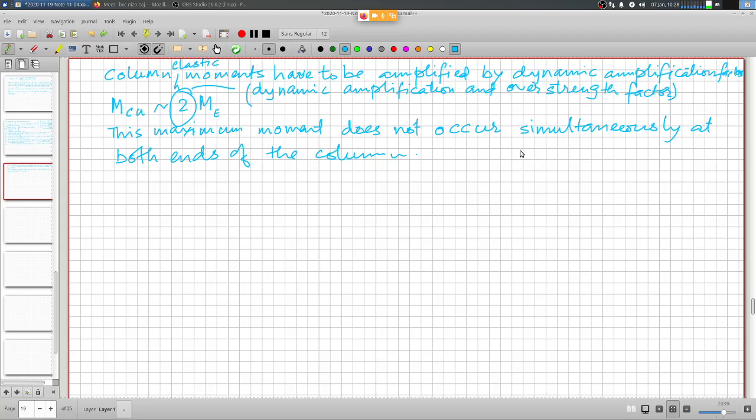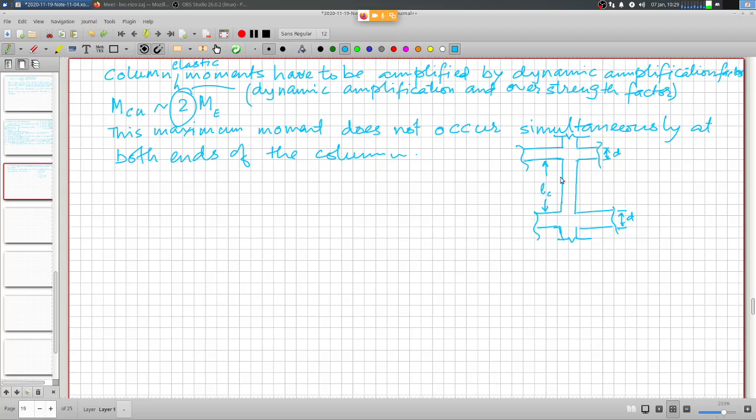So let's say this is the clear span, this is the depth of the beam, this is also the depth of the beam, and this is the clear span of the column.